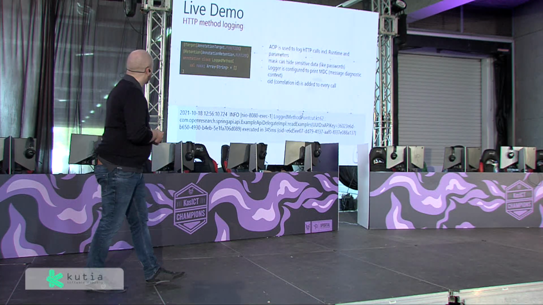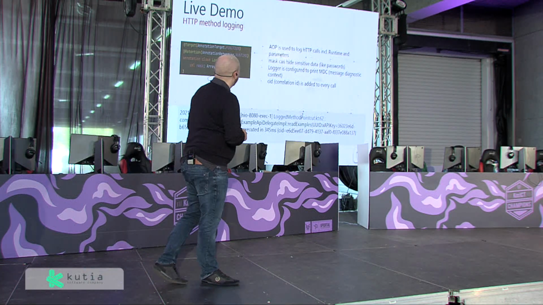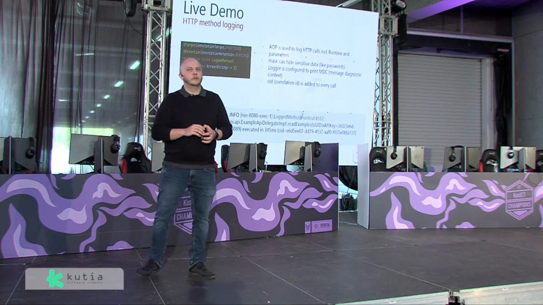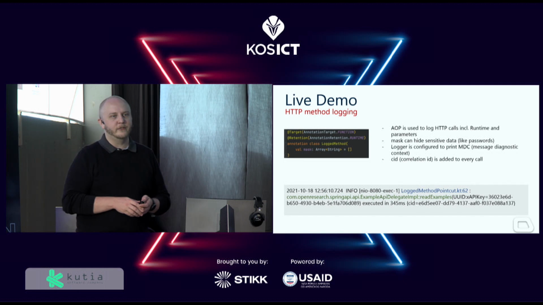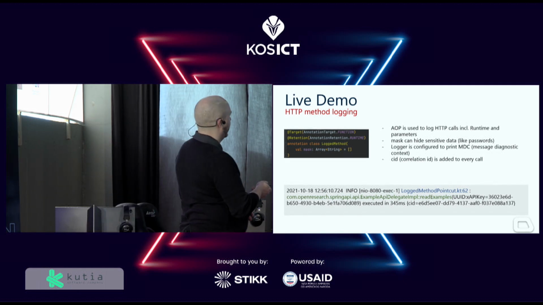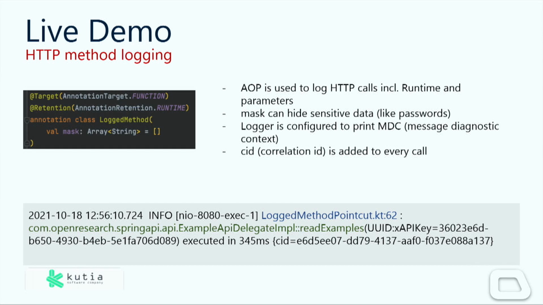Another cool feature we introduced is aspect-oriented programming. Whenever you do an HTTP call against one of our APIs, we have a common log string that gets into our log file, which includes which method was called, which class was called, what parameters we had, how long it took, and I also add a proper correlation ID. Whoever thinks, what's a correlation ID?